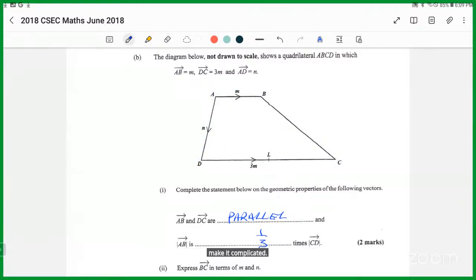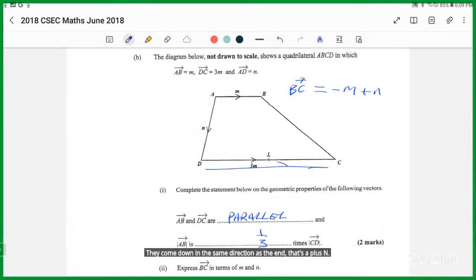Going from B to C equals, come back here with a minus M first. That's this part, because going in the opposite direction is minus M. Then come down here, same direction as the N. That's a plus N. And you're going straight across here with a plus 3M.